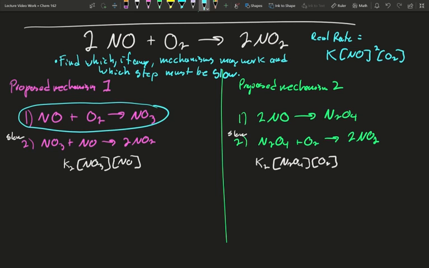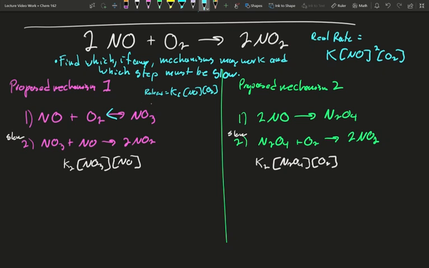In that prior step, we always assume the faster steps are really in equilibrium. Well, there's going to be a rate forwards, which is going to equal kf times [NO][O2]. And there's going to be a rate reverse, which is going to be kr times [NO3]. Because we assume the earlier steps are able to reach equilibrium, those rates must be equal, so the two equations must be equal.